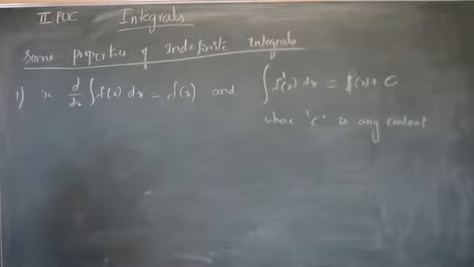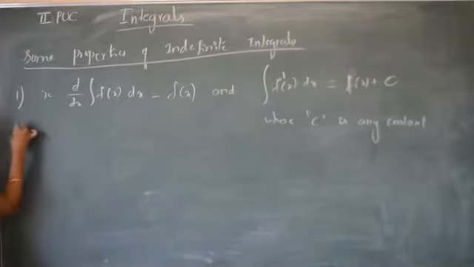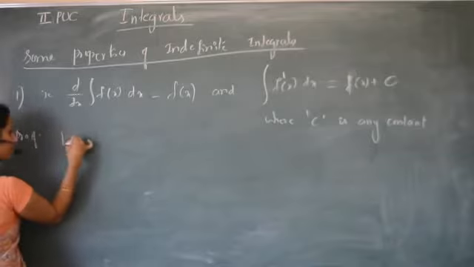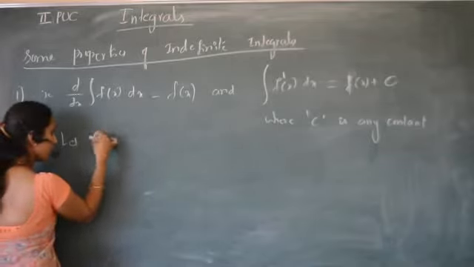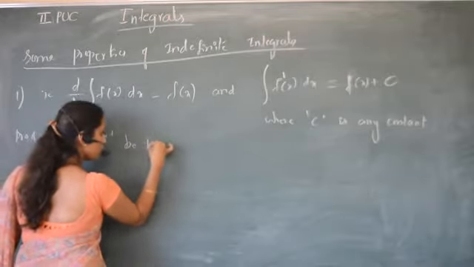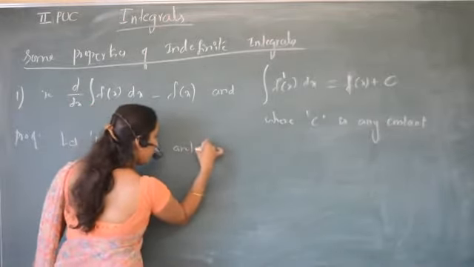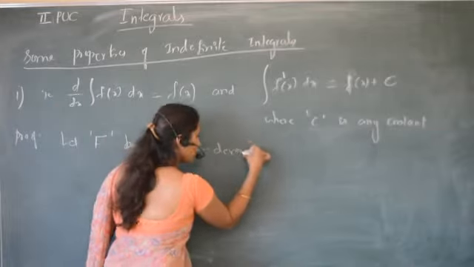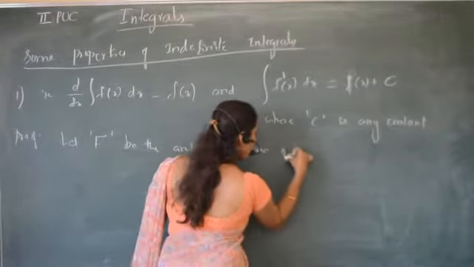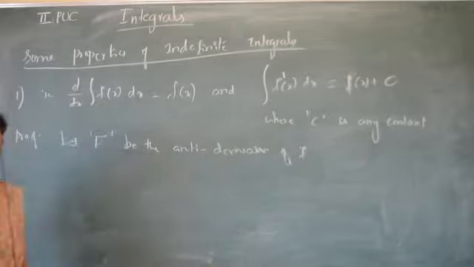So how do we prove this? Let capital F be the antiderivative of small f.